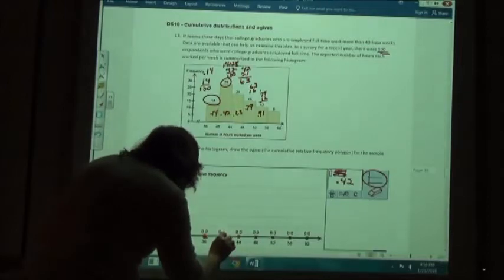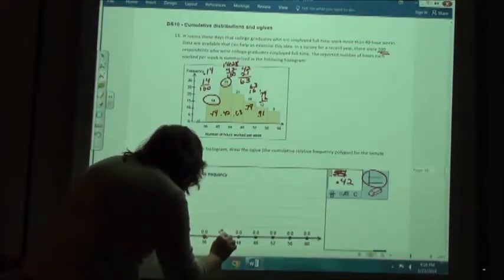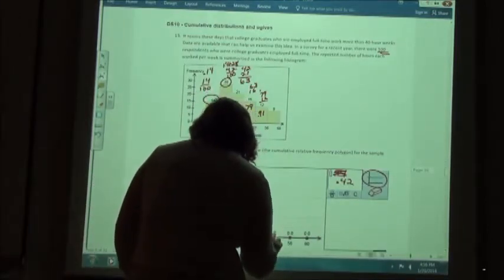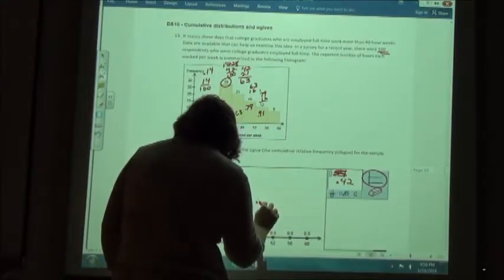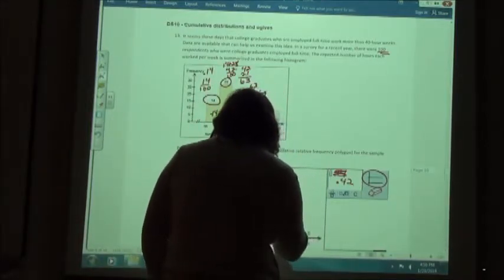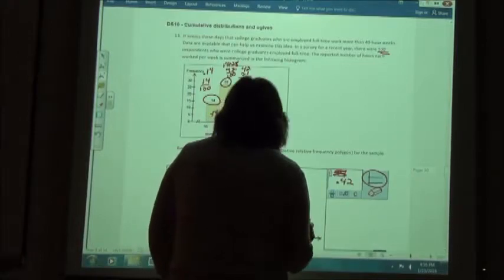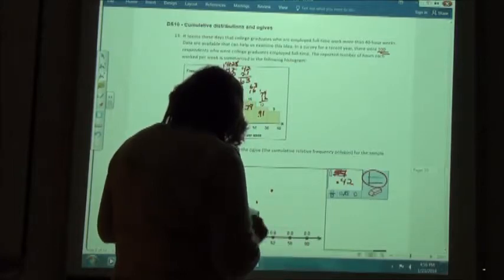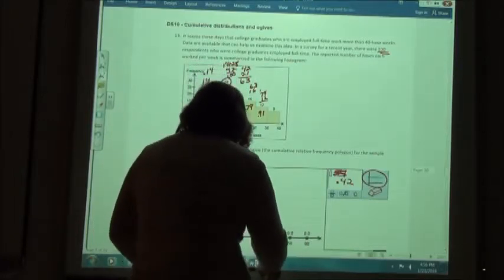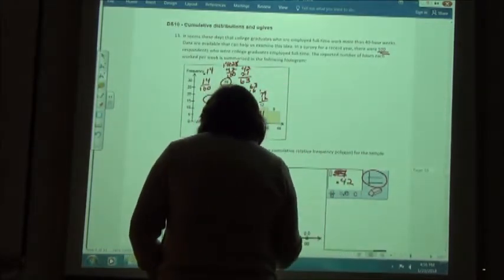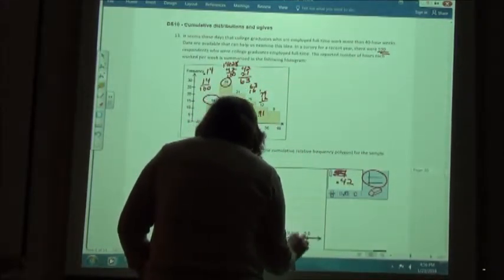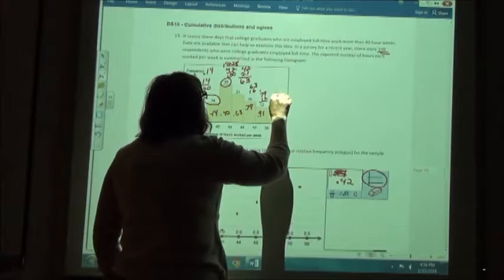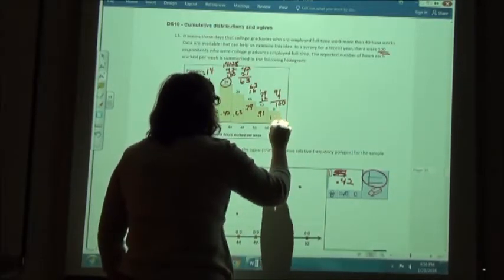Now I'm going to do my 14, my 42, my 63, my 91, I forgot my 79 in there. 79, 91, and then my last one should add up to 100 because I have everything. 91 plus 9 should be 100, which is at 1.